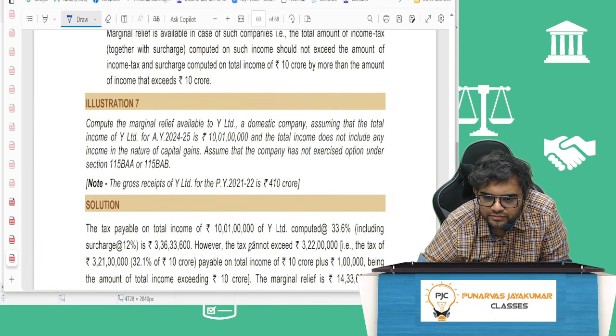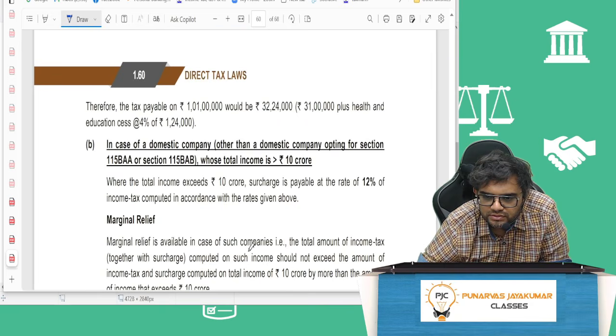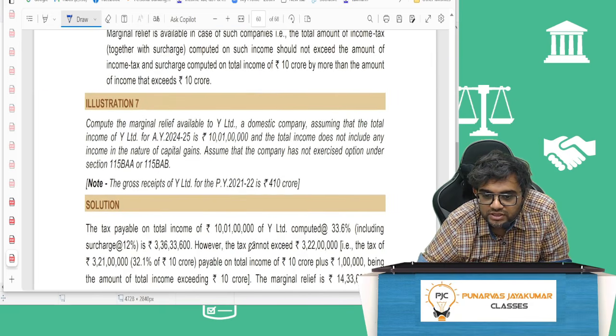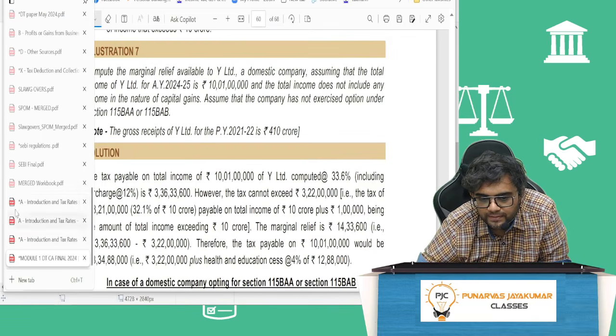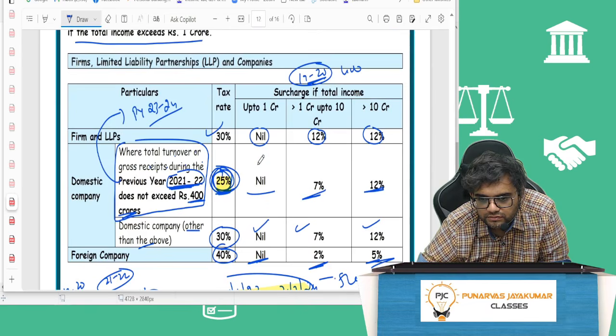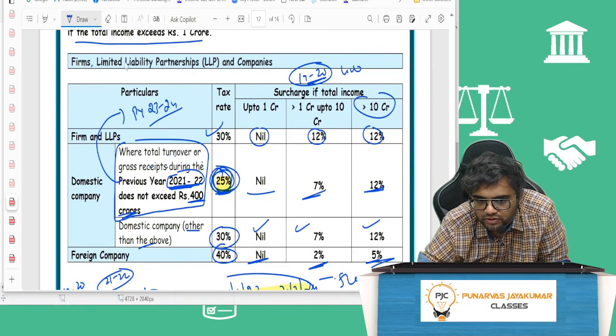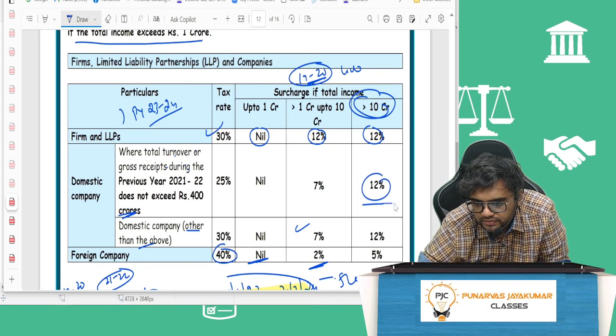Seventh illustration. Compute the marginal relief available to Y Limited, domestic, assuming the sale is 10 crore 1 lakh. So for 10 crore 1 lakh, it is more than 10 crore, which means surcharge will be 12%. You have seen in the chart. If you remember this chart, if it is more than 10 crore, 12%.